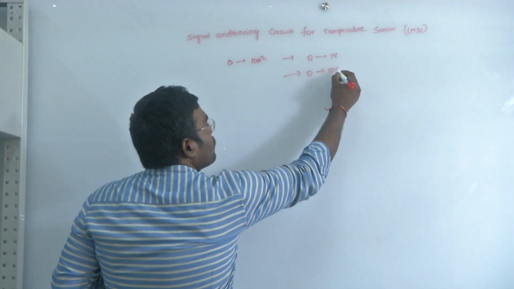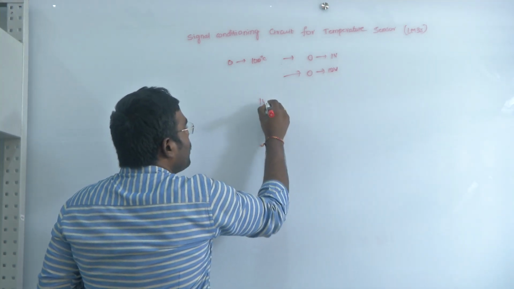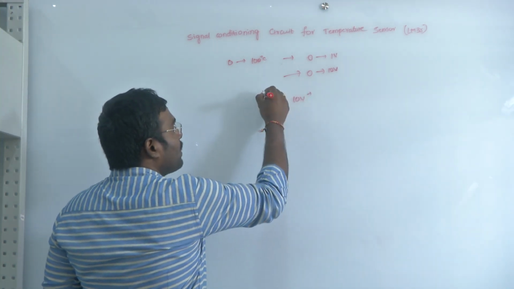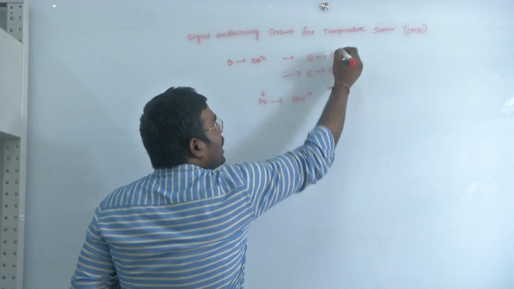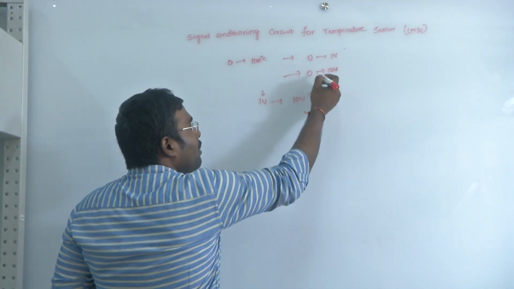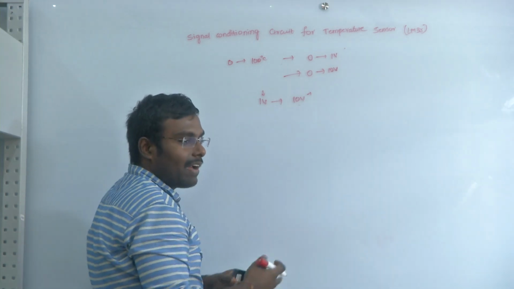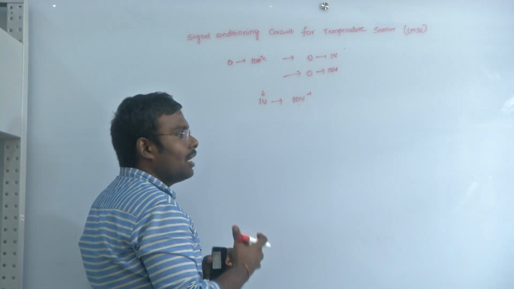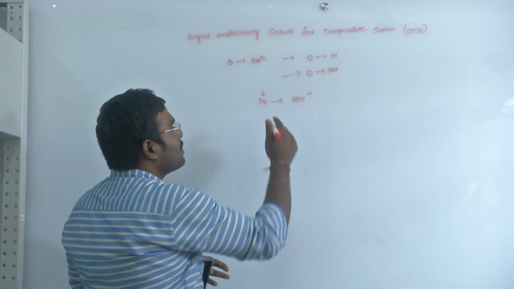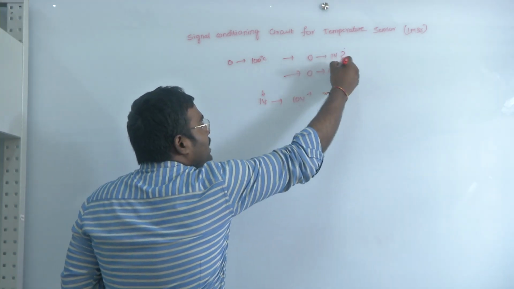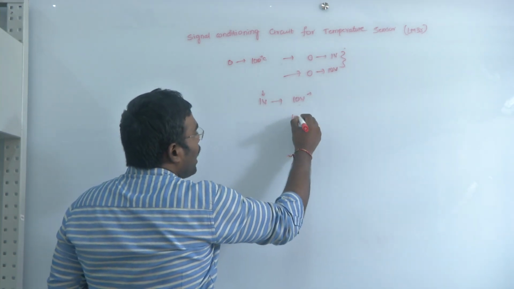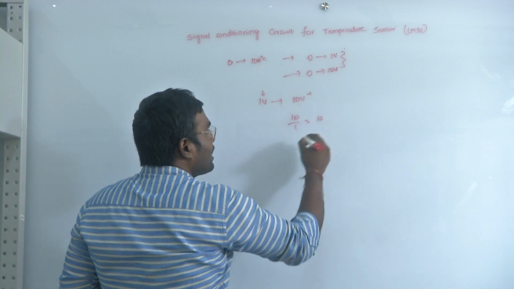Okay. So that means 1 volt should be converted into 10 volts. The output is 10 if the input is 1, and this is completely linear. Whenever there is a change in the input, the output also has to change by the same factor. What is that factor? Output by input is nothing but gain, 10.